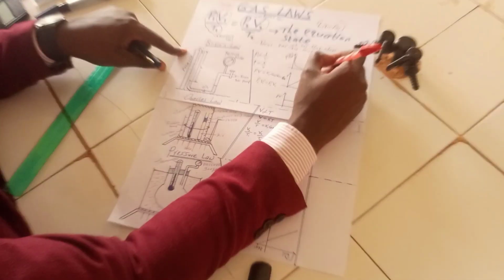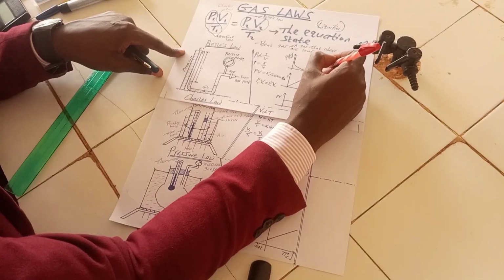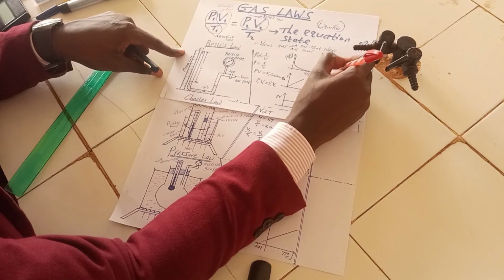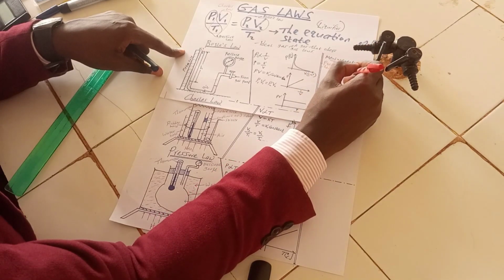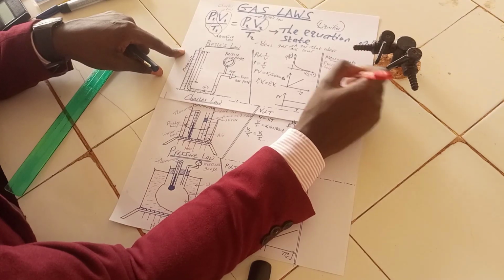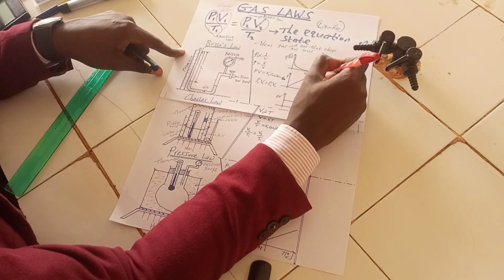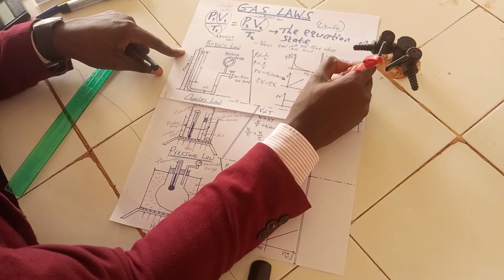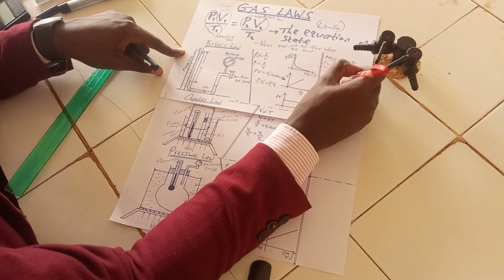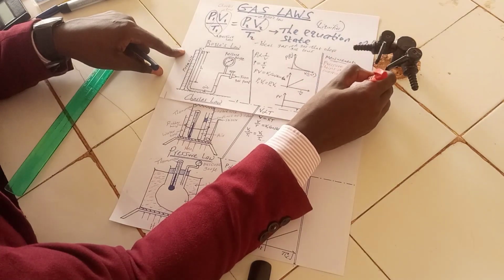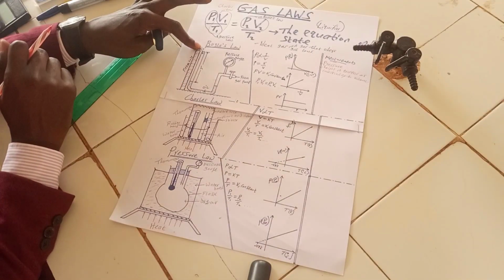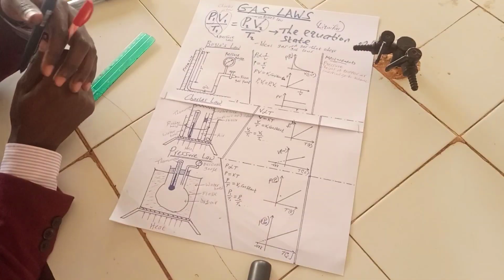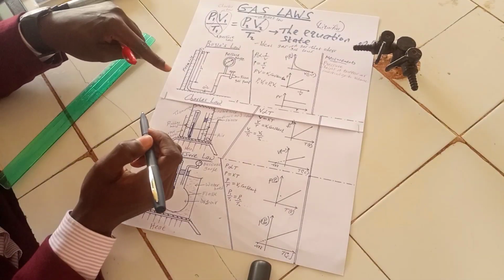You can also take a measurement of the height of trapped air corresponding to volume. In other words, the height of this trapped air here is also the volume of the air. We also take it to be the volume of the air.